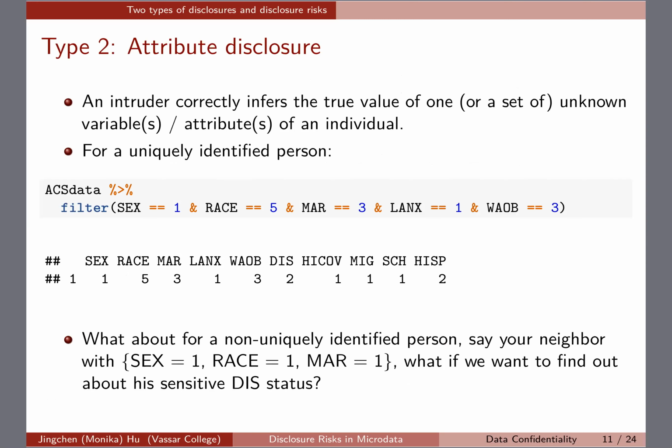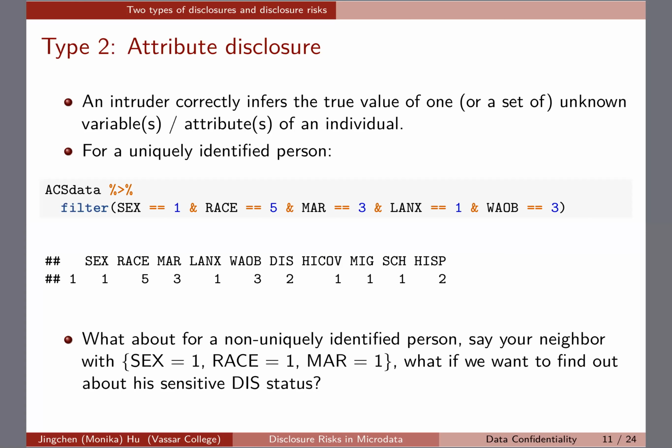If now I know it's going to be one of the 2192 people, intuitively, what can you do if you want to find out about his disability status? What do you think? If I really want to find out what it is, what would be your strategy? Pause here for a little bit.